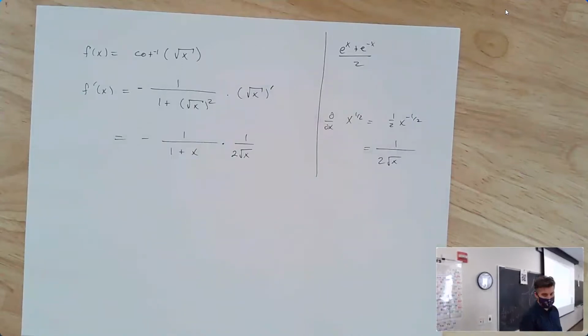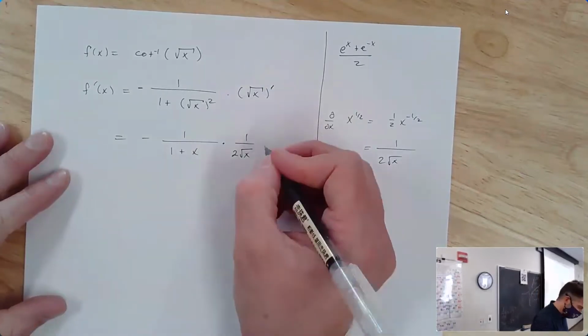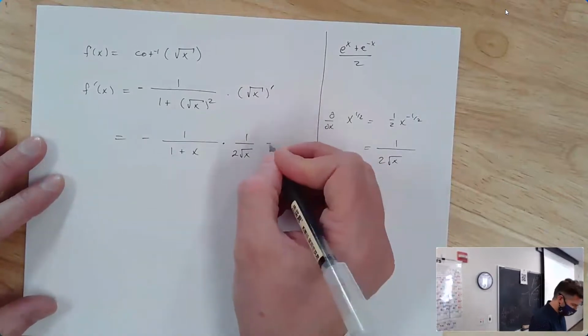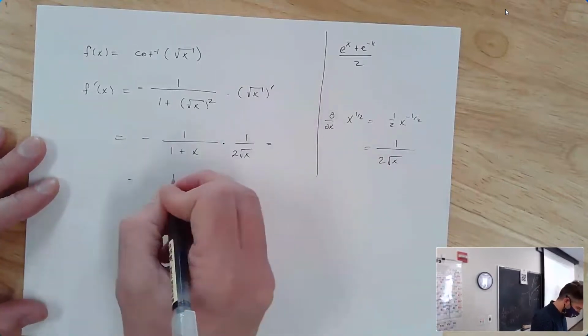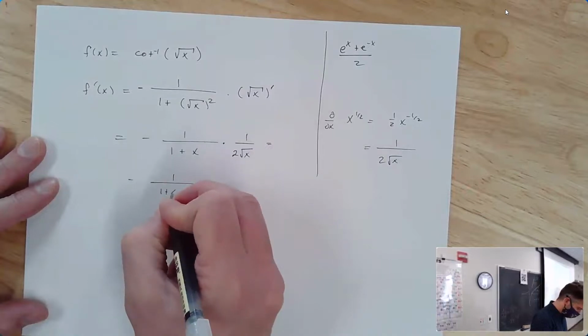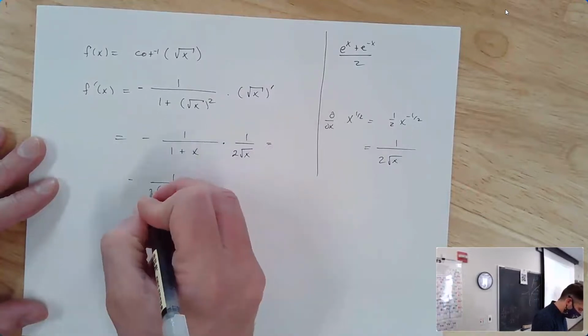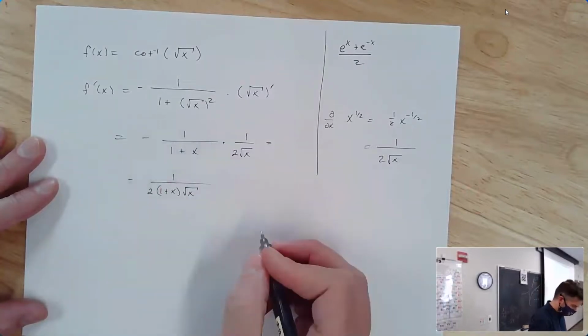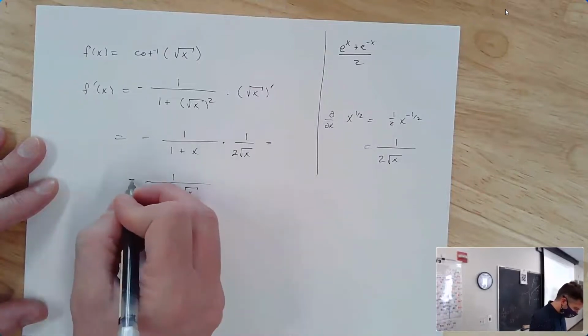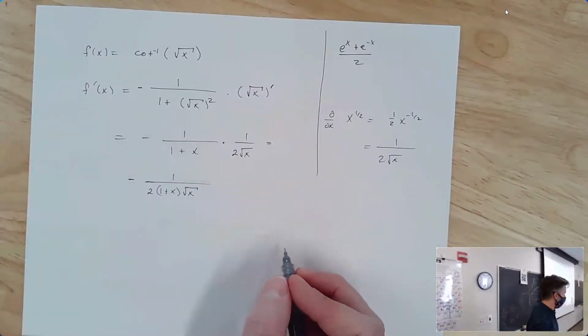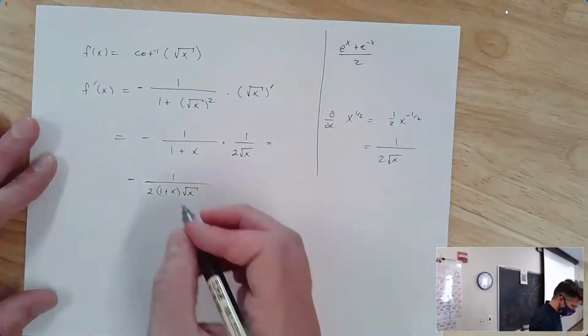And then I guess you could throw it all together. I don't really want to, though. I would probably write my final answer as negative 1 over 1 plus x times 2 root x. I probably would have put the root x in front, but I ran out of space.